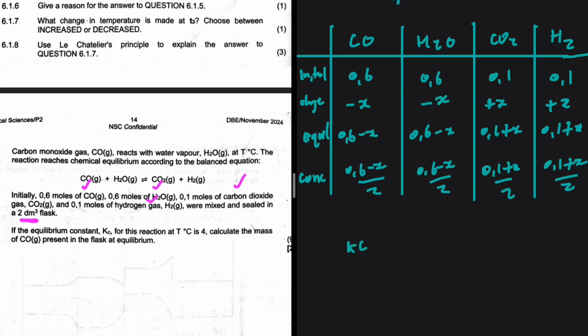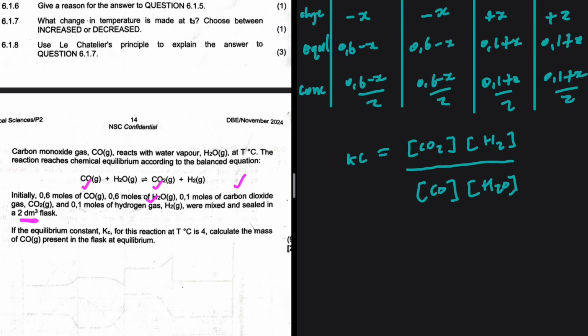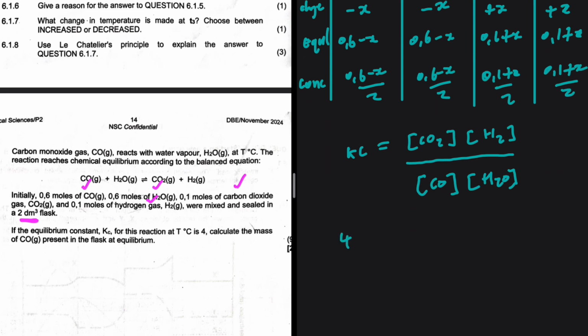So Kc is equal to the concentration of CO2 multiplied by the concentration of H2, everything divided by the concentration of carbon monoxide multiplied by the concentration of H2O. So what is the Kc? The Kc is 4.